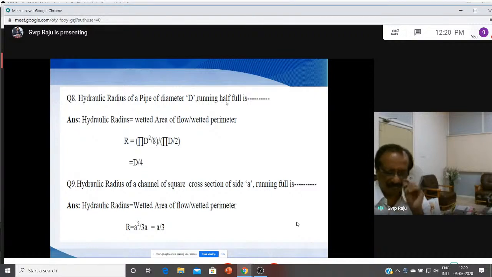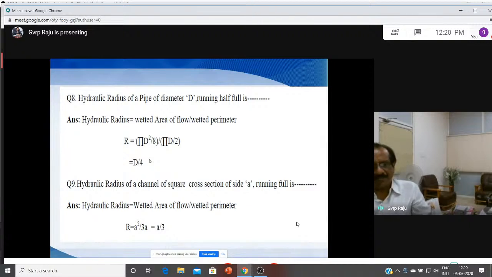So pi d square by 4 is running full, and running half full means again divided by 2, so that is pi d square by 8. Again the wetted perimeter is not pi d, it is half here, pi d by 2. So this is also equal to d by 4. So whether it is half full or running full, the hydraulic radius is d by 4. Interesting objective question. You can expect such types of questions in GATE examinations.